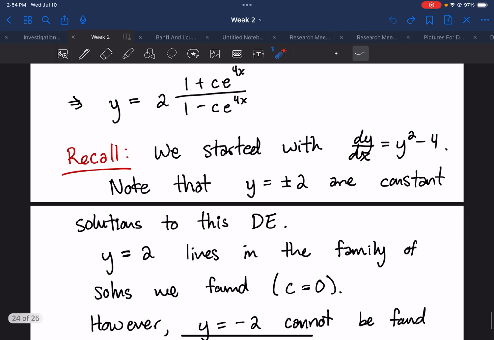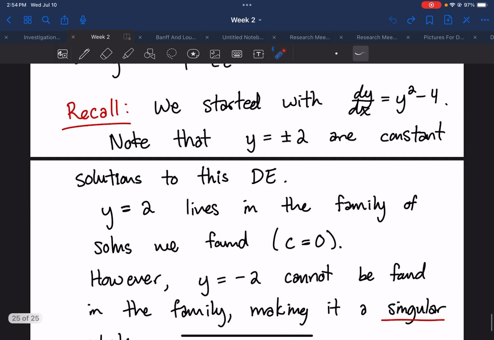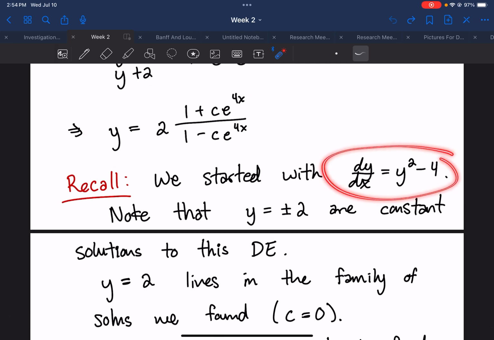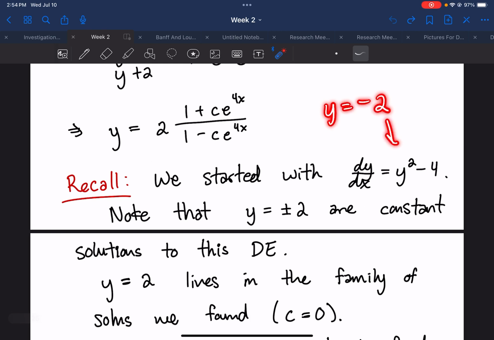However, y equals minus 2 is not in this infinite family, even though it is a solution to this, right? If I plug in y equals minus 2 into here, what do I get? The derivative of minus 2 is 0, and this is 4 minus 4 on this side, which is 0. So 0 equals 0, which is correct.